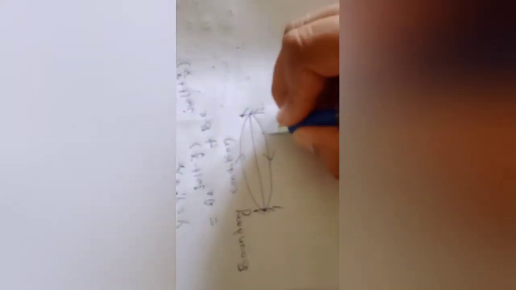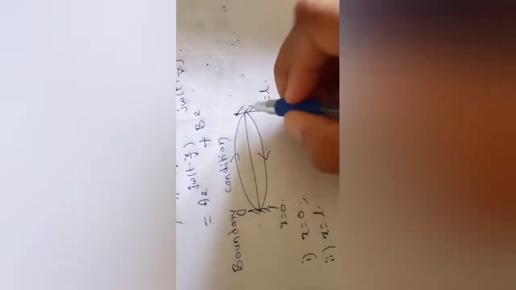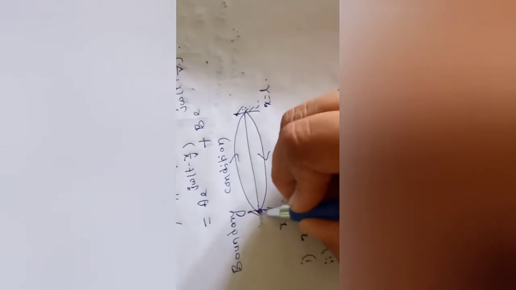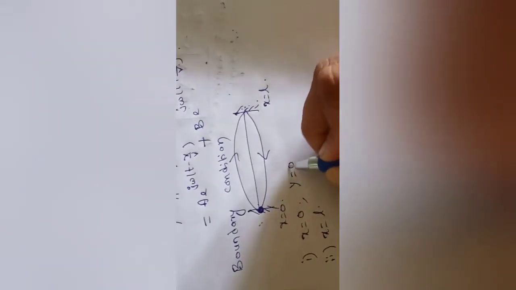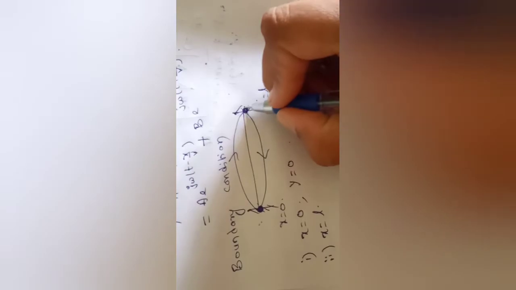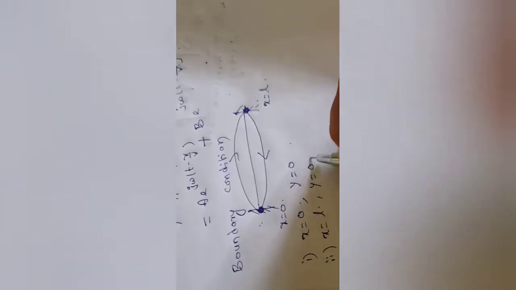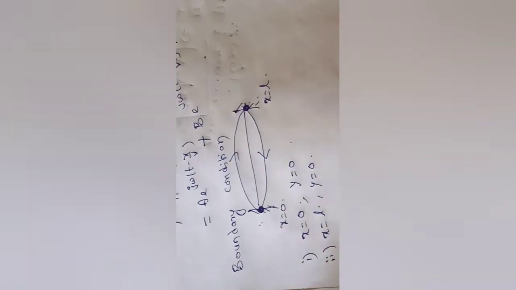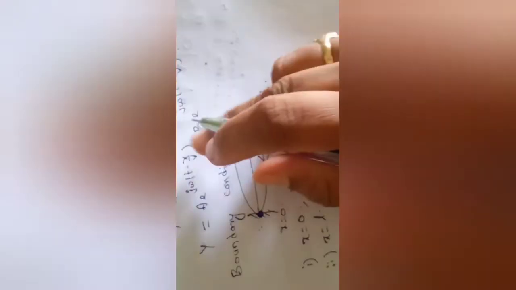Let L be the length of the string. At both boundaries, on one side x will be 0, and on the other side the length of the string we are saying as L. As at both ends we clamped or fixed the string, the displacement at this end will be 0 and the displacement at this end will also be equal to 0.